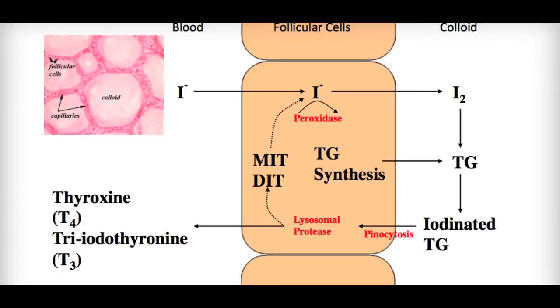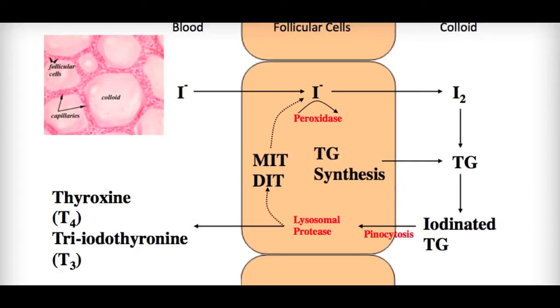The MITs and DITs are basically like T1, T2. They get recycled into the next cycle, as you can see there as well. So you do have to make sure you know this cycle. This is one of the most recognizable cycles in the human body, so you do have to make sure you know this in quite some detail, as we can see there as well.